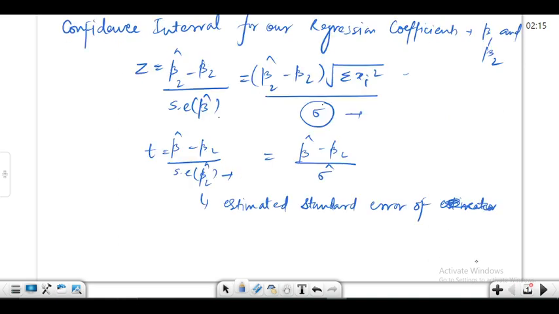Now we can create a confidence interval. We can say that the probability that, if alpha is my level of significance, and I'm going for a two-tailed test, minus t alpha by 2 is the value of t that I'm getting for alpha by 2 level of significance.